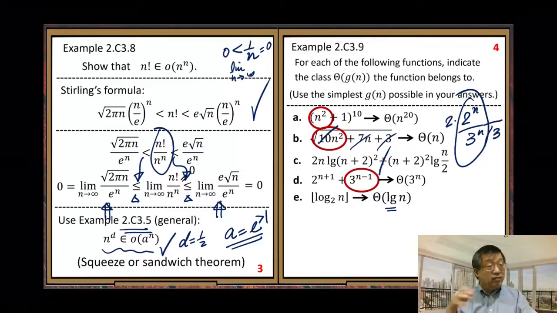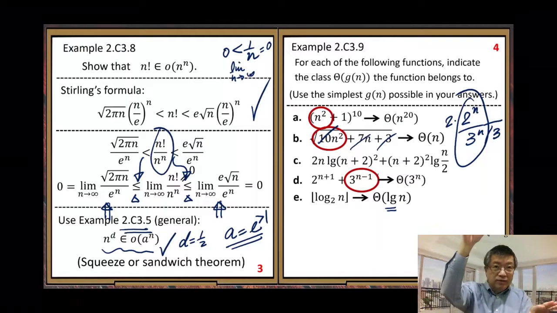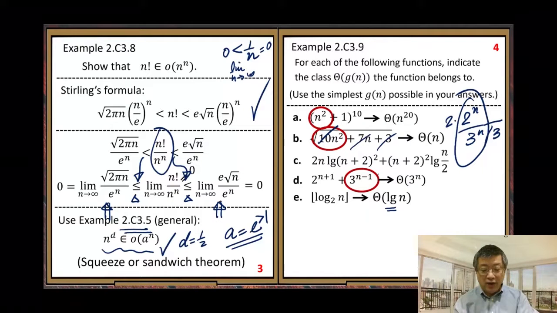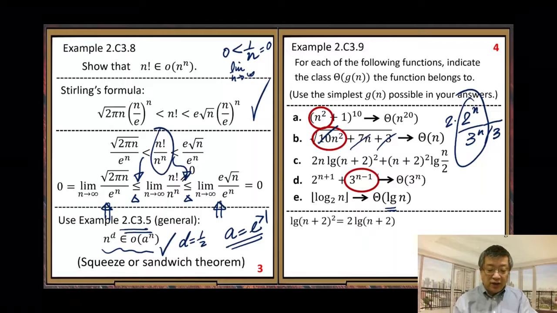Finally, the last question. That's a little more complicated, so I left it to the end. We have two terms, so we need to compare them. Which one is dominant? We take the dominant term. Let's look at the log part first. Log of n plus 2, squared.